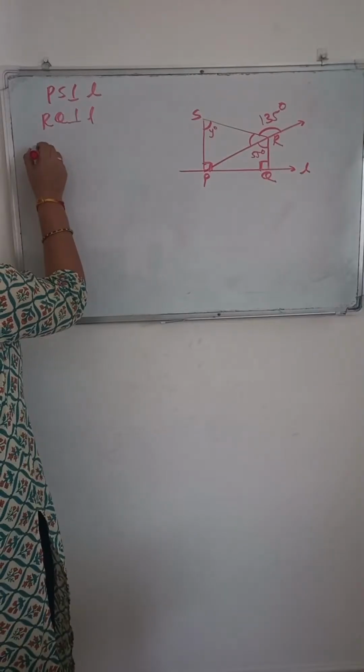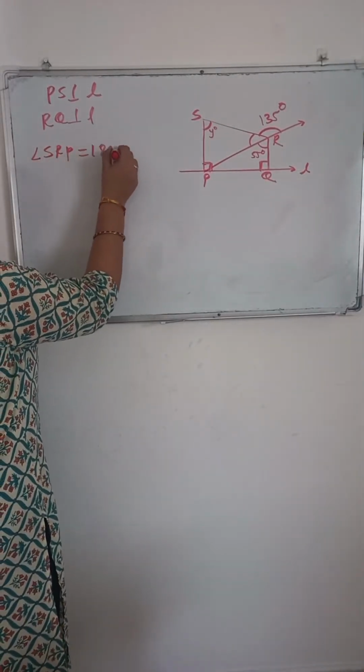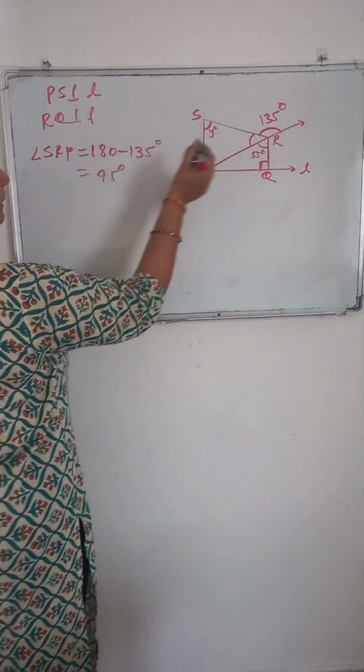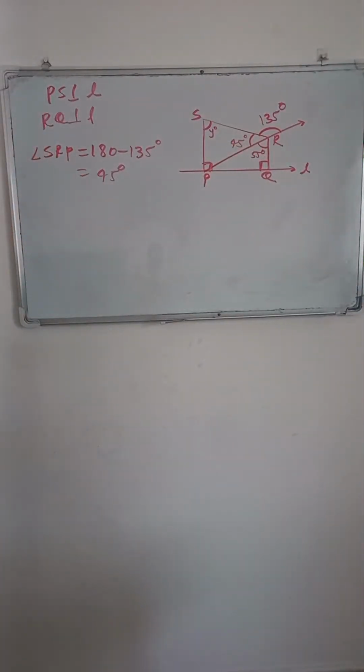So here we can write angle SRP is equal to 180 minus 135, that is equal to 45. So I am getting 45. Okay, so if I have this as 45, then we have to calculate y.